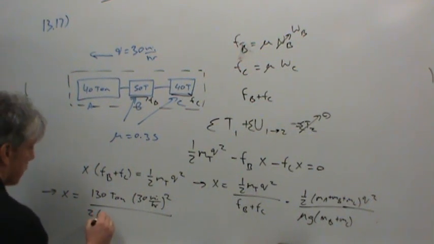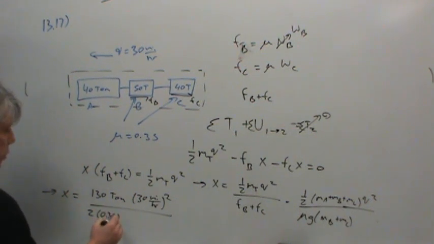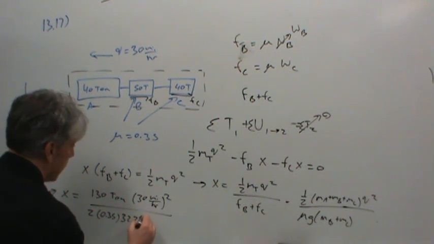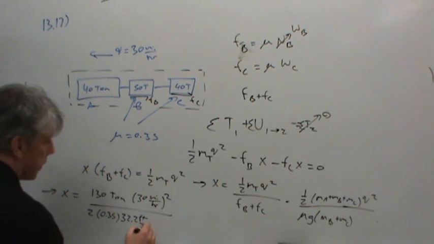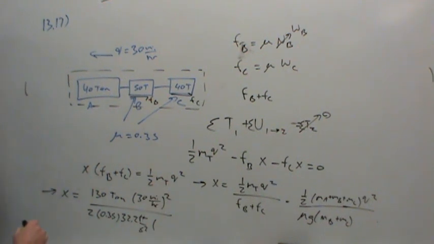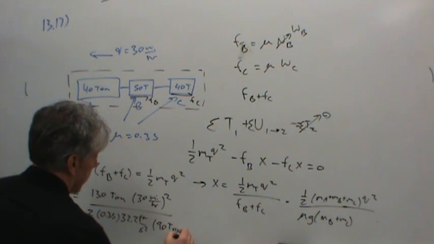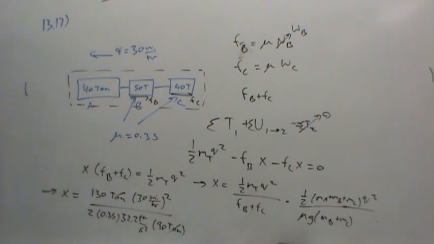The friction coefficient, 0.35. G, well, we're in English units, 32.2 feet per second squared. Mass of B plus mass of C, well, that's 50 plus 40 is 90 tons, and now it doesn't really matter if that's mass or weight, it'll cancel.